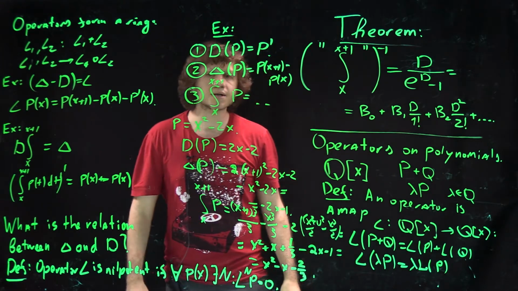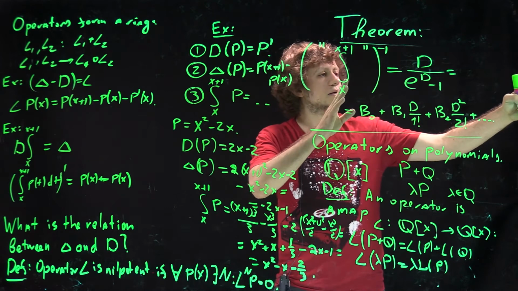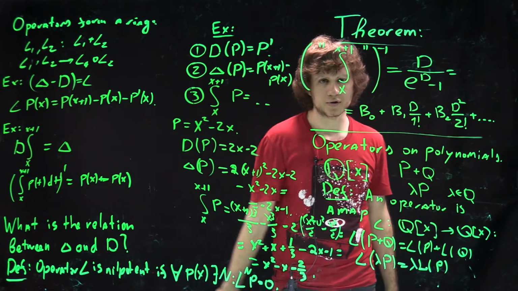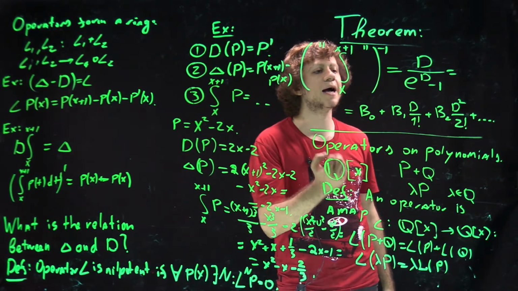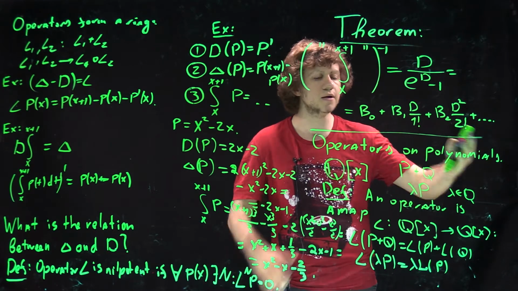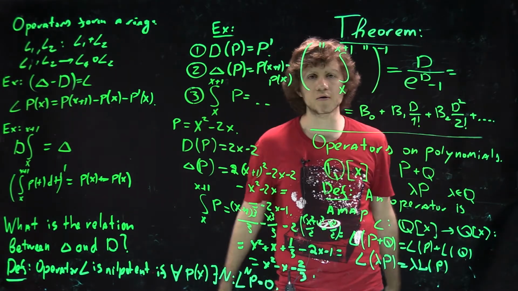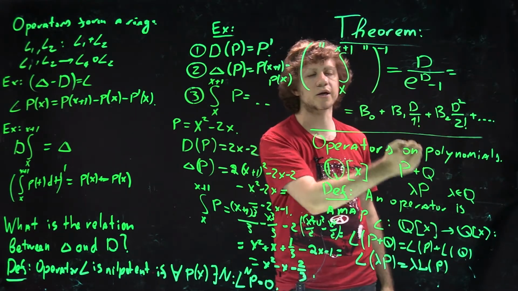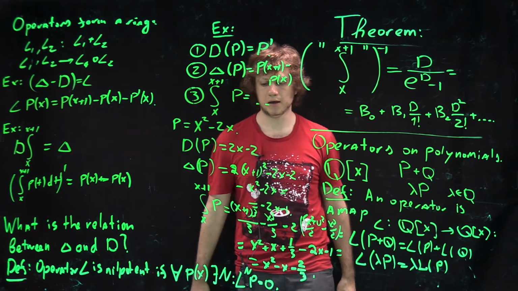But the answer is it's actually very meaningful, because imagine you have this infinite sequence. Of course, it looks like a crazy operation, but in fact everything is fine, because if you apply it to a polynomial of degree n, only the first n terms will give you something, everything else will be 0. So you can define this expression applied to a polynomial just looking at the meaningful terms. It will be 0 starting with some term.